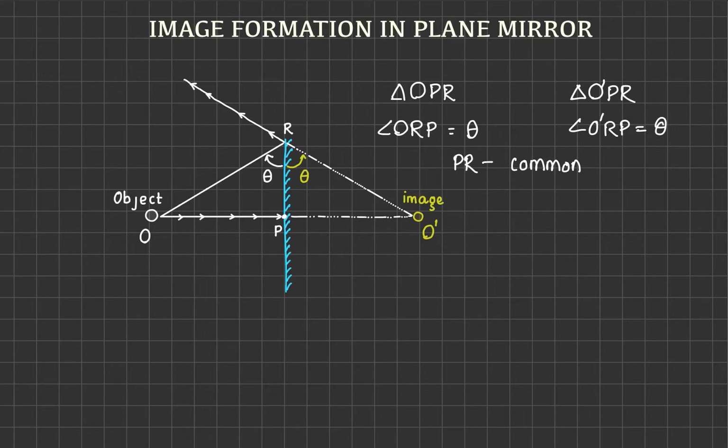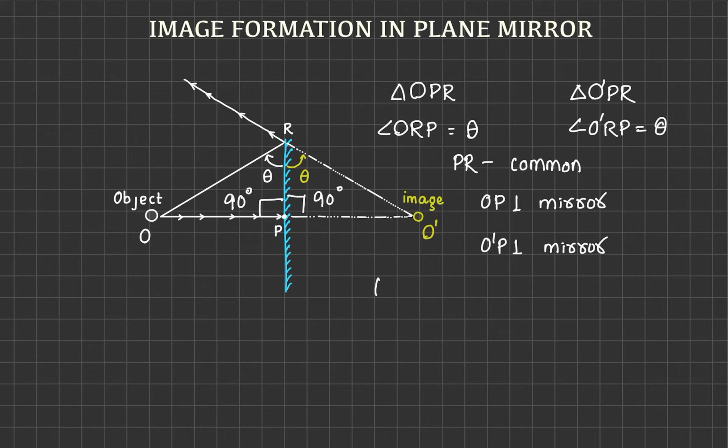Now the line OP is perpendicular to the mirror and it is extended on the back side of the mirror. So similarly O dash P is also perpendicular to the mirror. So this angle right here on both sides is 90 degrees.